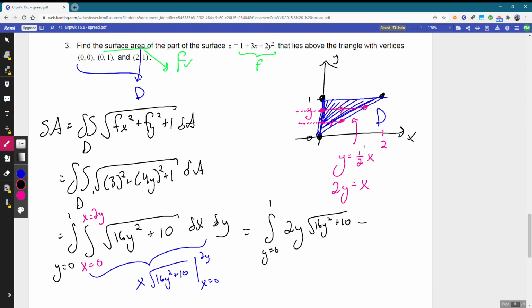And then plugging in x equals 0, we'll just kill it and just be left with 0 there. All right, now we have something similar to what we saw before. We got a square root, and indeed, the derivative of what's inside is more or less floating around outside, so we can take care of this with a u sub.